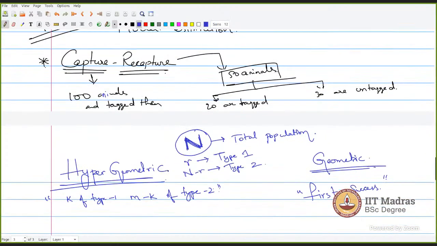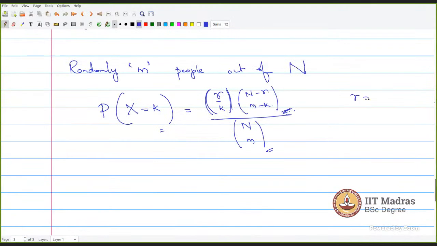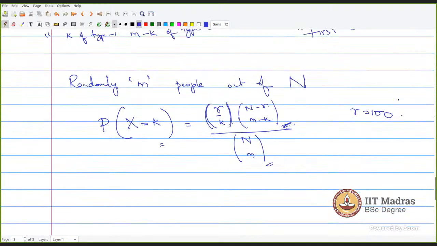So in this case, n is the total population which we need to predict. So n is unknown, and r we know. We have tagged 100 animals, so r is 100 here, and we know m.